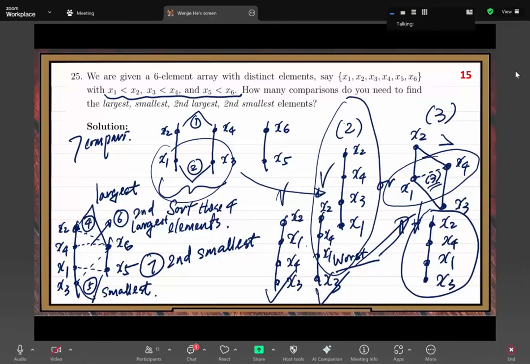Because we don't want to write our solution twice, for these two cases we don't want to write similar steps twice. Just once, only once. All right, so that's all we have.